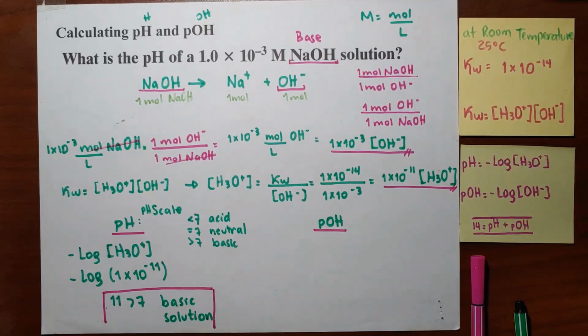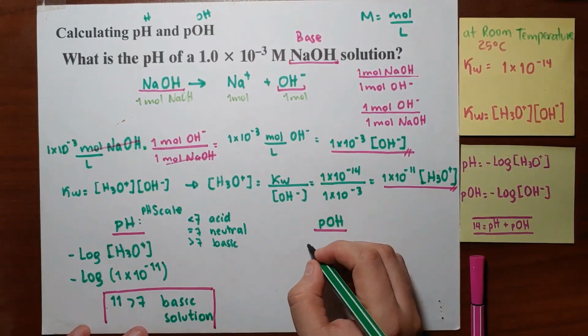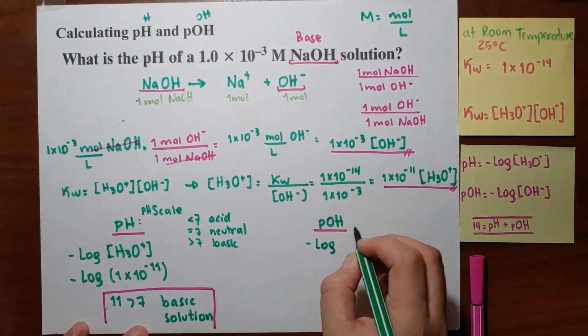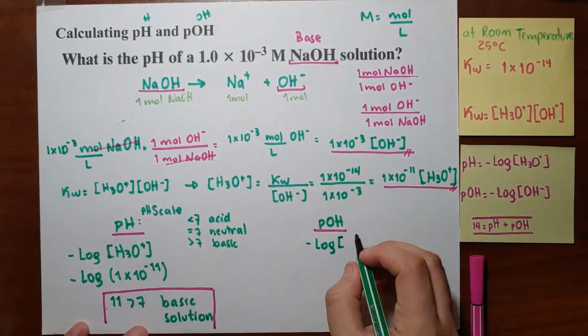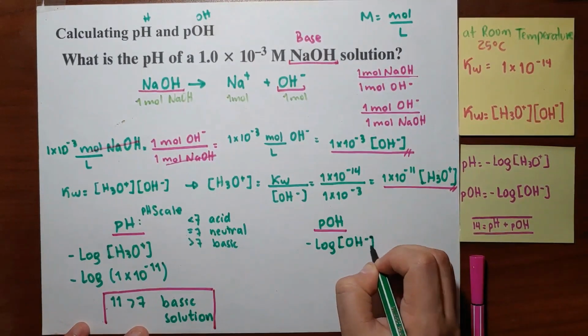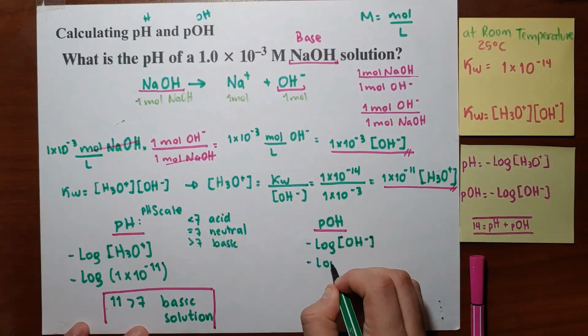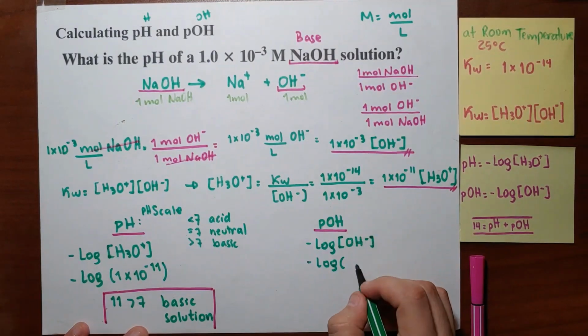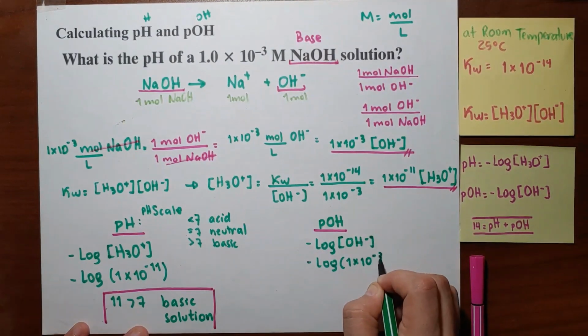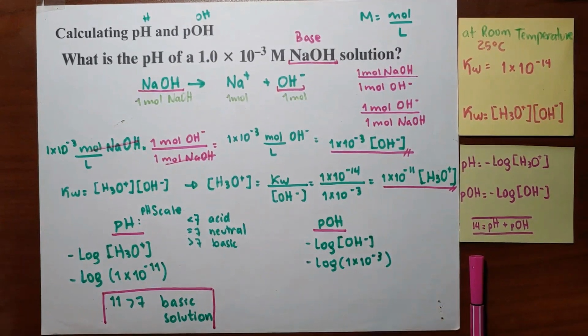Now, if for some reason I ask you to calculate the pOH of this substance, we'll be applying the same formula: negative logarithm, but instead of hydronium it will be the OH minus concentration. So this will be the negative logarithm of 1 times 10 to the negative third power. Again, your calculator.